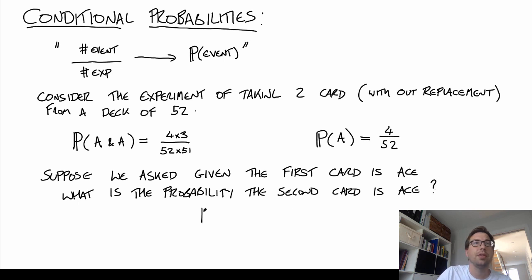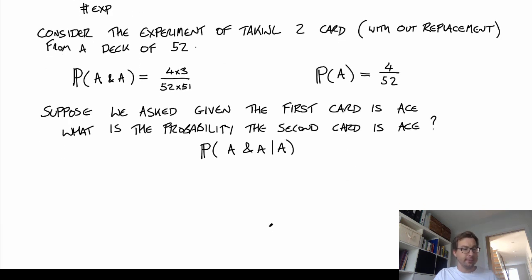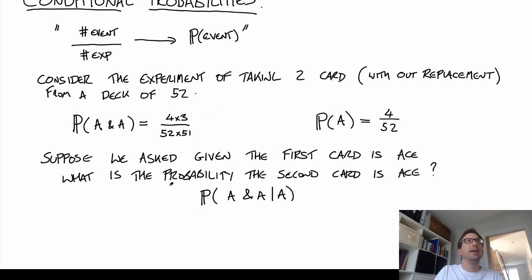We're going to say what's the probability of an ace and an ace given the first card is an ace. This parallel line in the probability means given, or conditional on, the first card being an ace. What is the probability that we actually get two aces? Let's think about what that means philosophically.